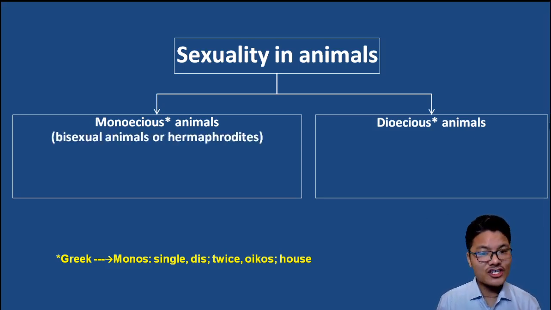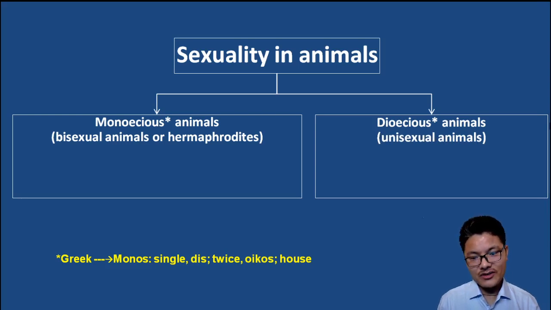Monoecious is also known as bisexual animals or hermaphrodites. Dioecious is called unisexual. Uni means one. Bisexual refers to both sexes being present in the animal.